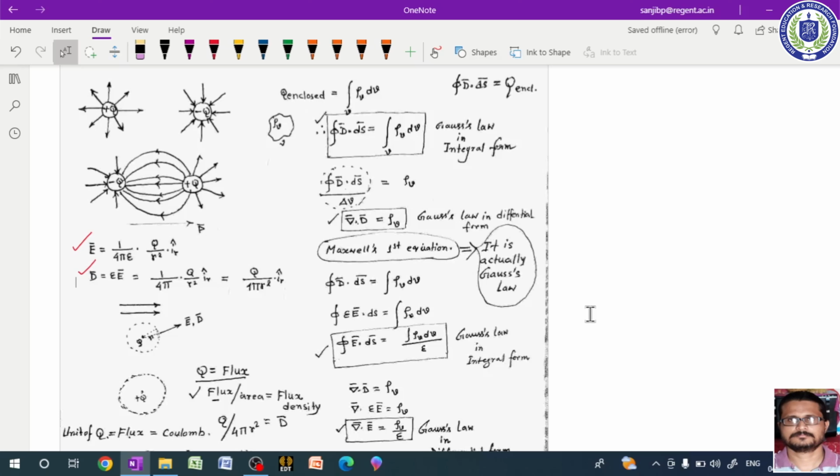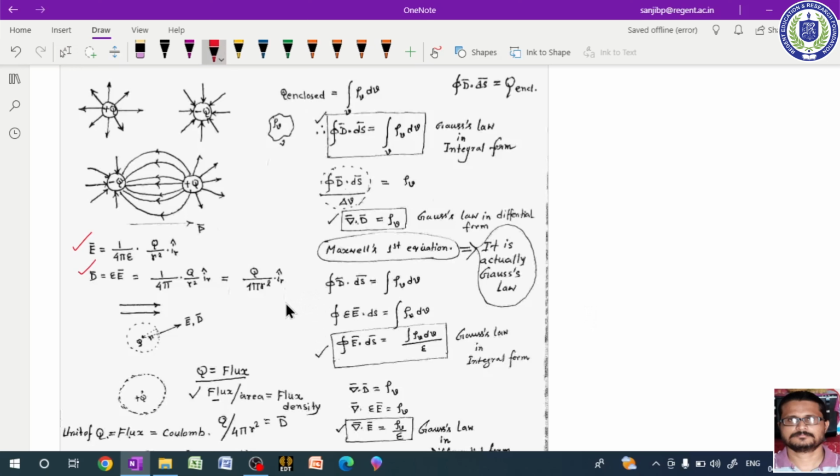This is the basic theory of Gauss's law, and the statement you will find in your book. It is not so important, I am not saying that. It is also important, but you will find it in your book.